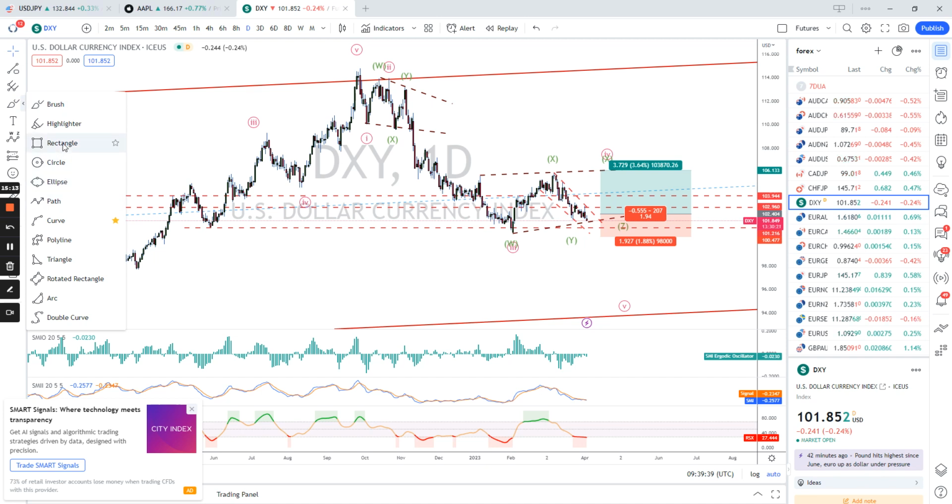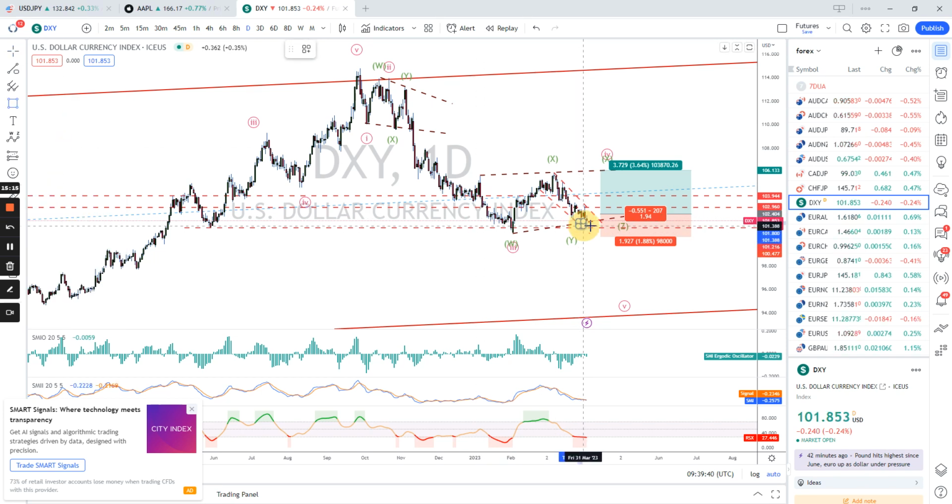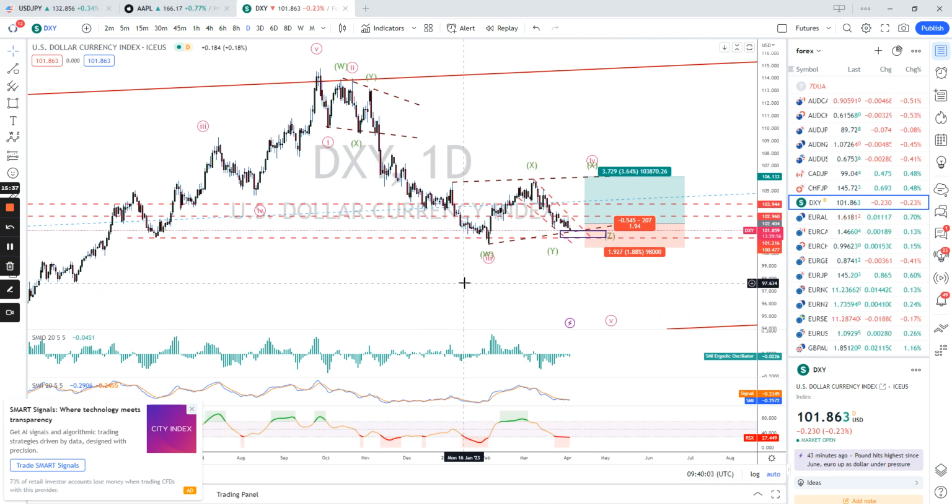Let me just draw it. This small zone here. In the next couple of days, will it be before the Easter or after the Easter? We do not know that because of the liquidity on the market, but pay attention to this 101.3 to 102 zone and trade accordingly.